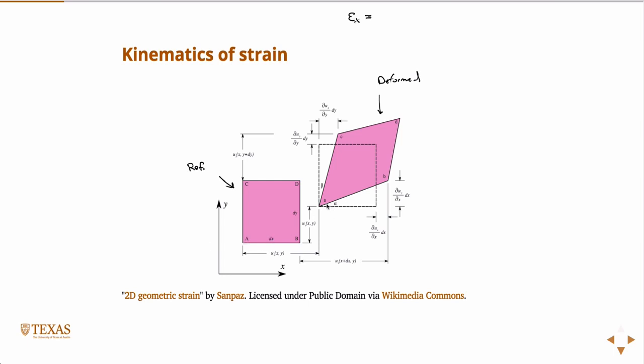If we look at the change in the line segments here, in the deformed configuration the current length is the magnitude of the line segment AB. The original length is the magnitude of the line segment AB.